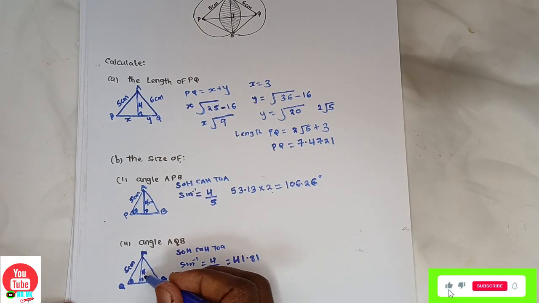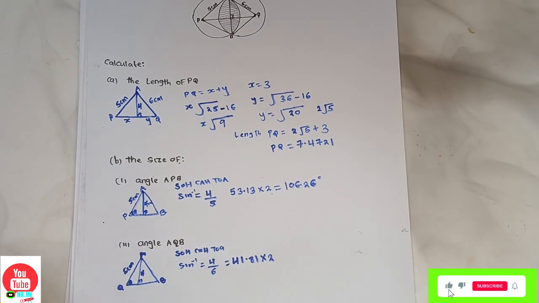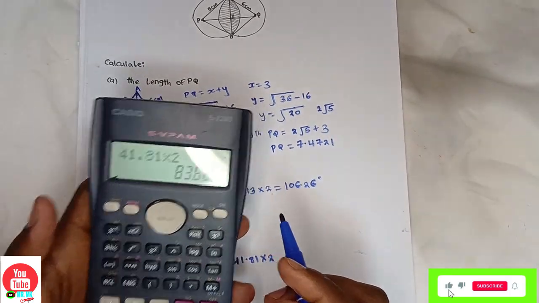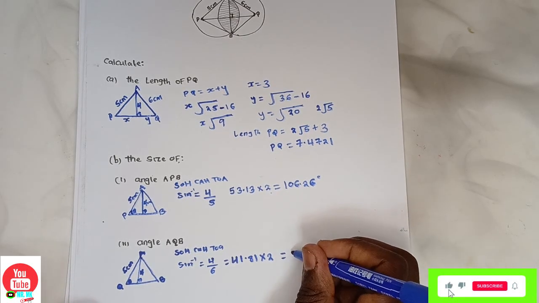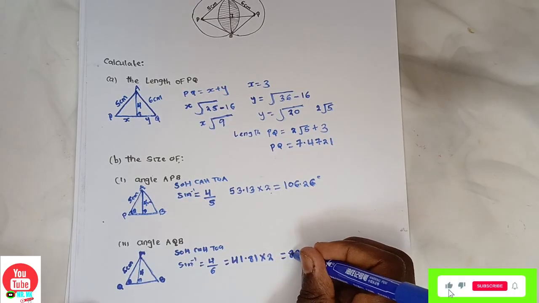Now it is 2 triangles, so you multiply by 2. 41.81 multiplied by 2 will be 83.62 degrees.